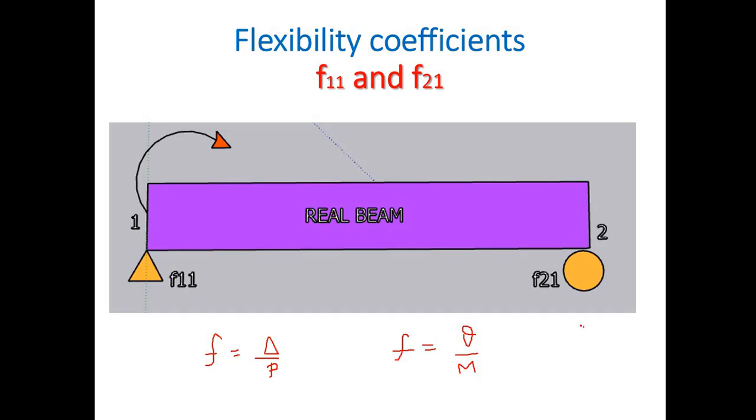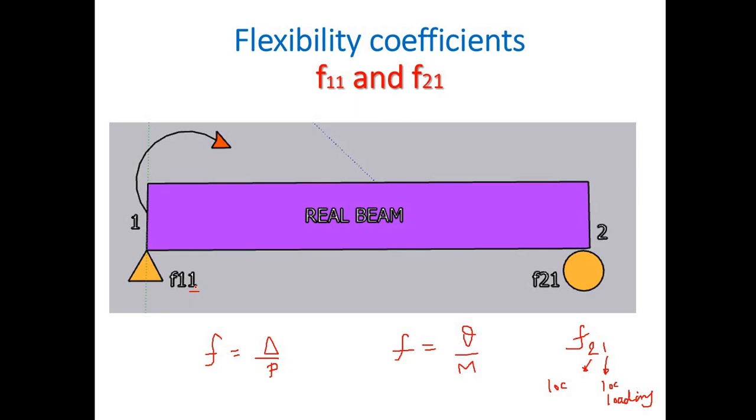Now I will tell you the meaning of the subscript 21. Here 2 represents the location where you are calculating the flexibility, and 1 represents the location of the loading, where you have applied the load. Here a load is not applied, a moment is applied, so you have applied the moment at point 1.